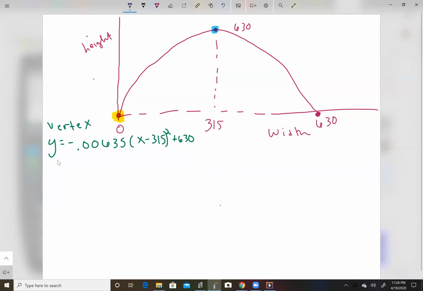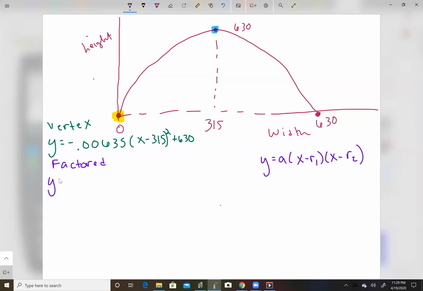Purple as factored. And we've already done the hard work. Factored form is just going to be y equals a times x minus root 1 times x minus root 2. So check it out. We've already done all the hard work to find a.